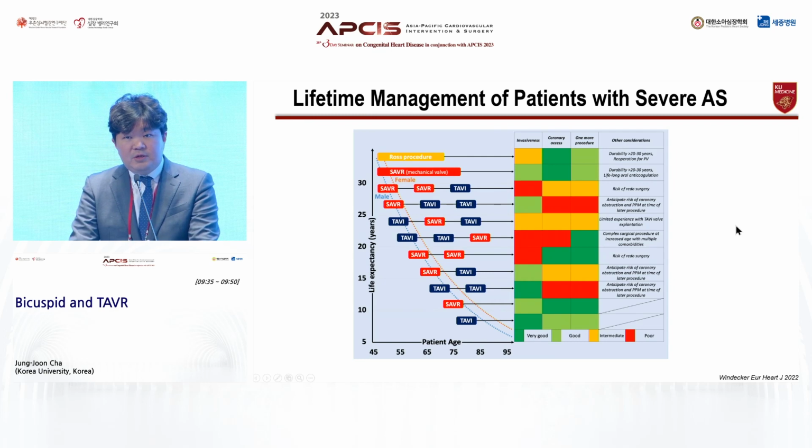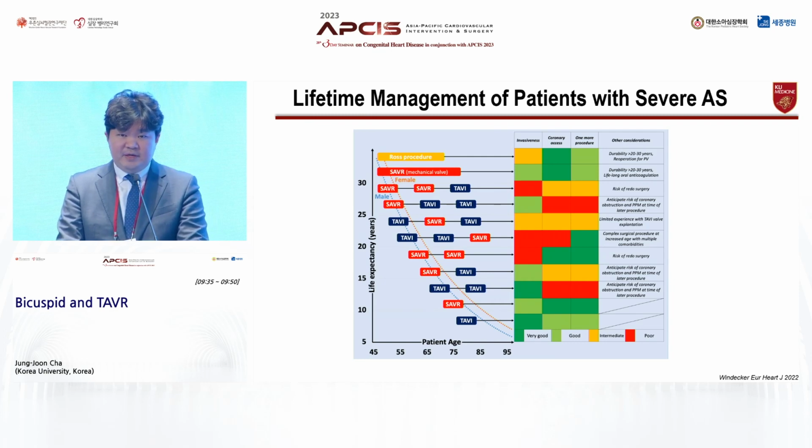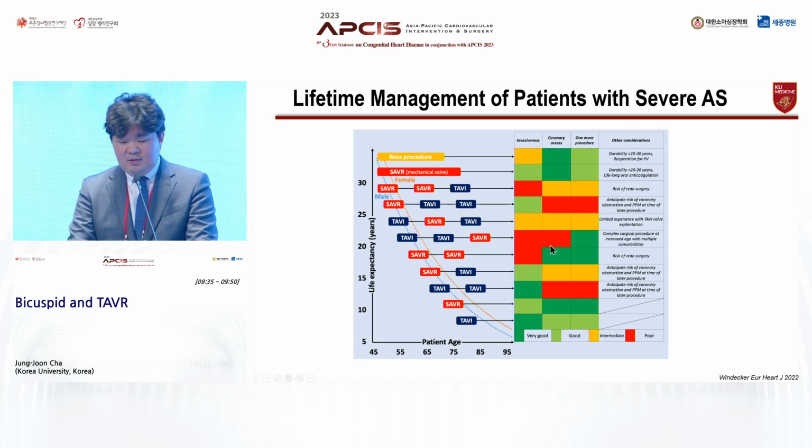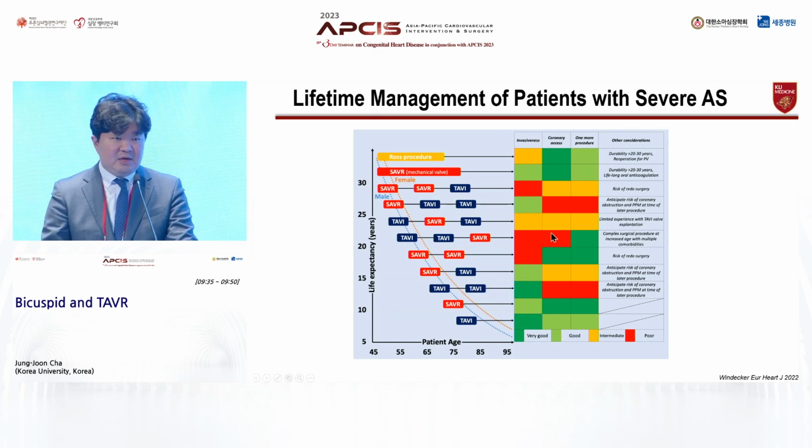So nowadays we talk about lifetime management of patients with severe AS, but for patients younger than 70 or 60, there are lots of combinations, SAVR followed by TAVR or TAVR followed by SAVR. So it may bring various considerations, such as durability or coronary access, as Dr. Gruber says.